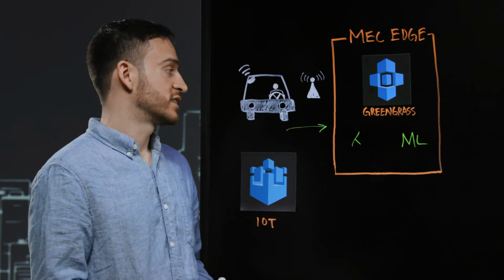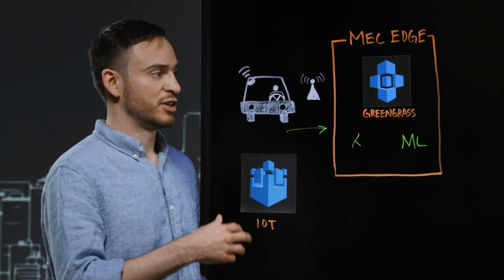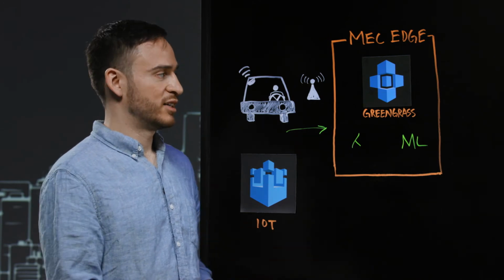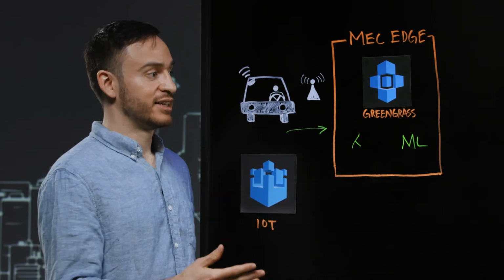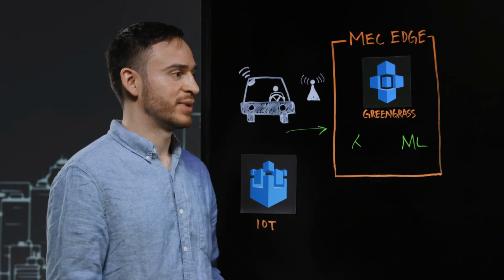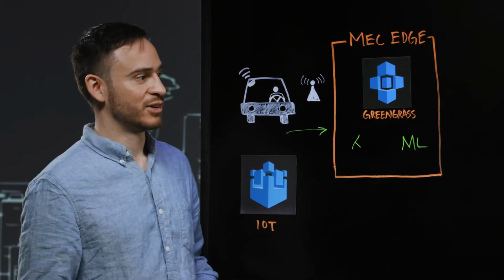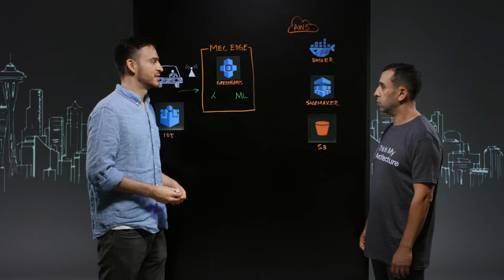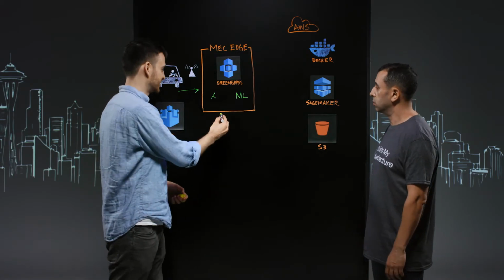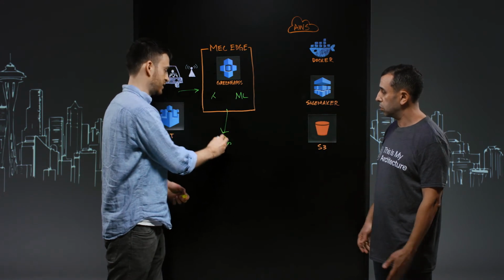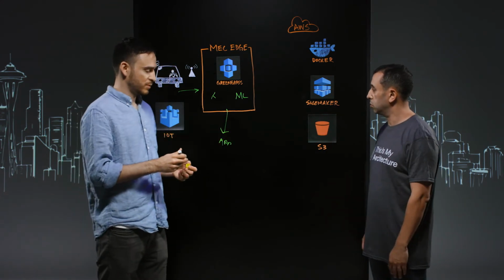That's a model detecting and flagging unsafe behavior, and then Greengrass will send that to whoever's consuming that information, whether it's a driver application or some other safety application. Or a parent, for example. Yeah. So that goes out to the application that's consuming the model.